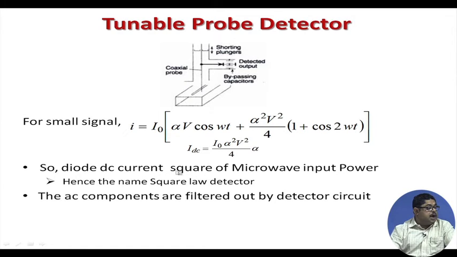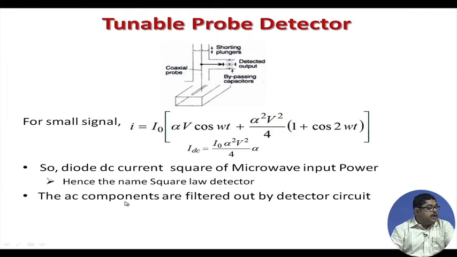So, the diode DC current is proportional to the square of the microwave input power, V square meaning microwave power, hence the name. This is also called square law detector.